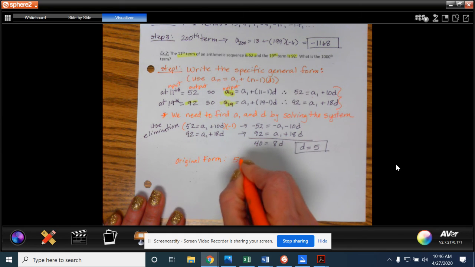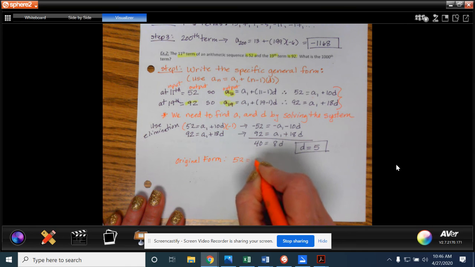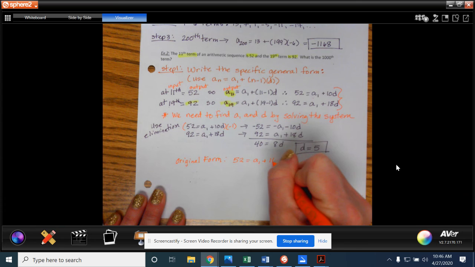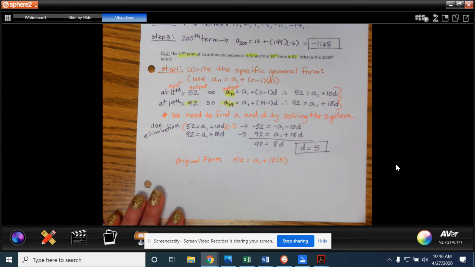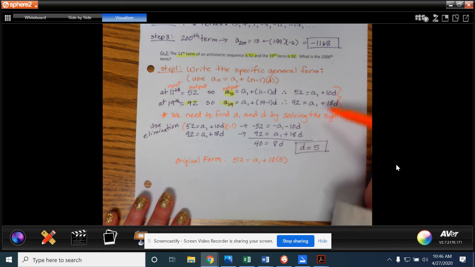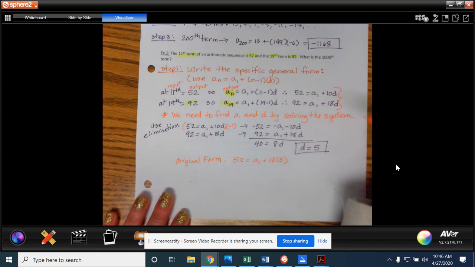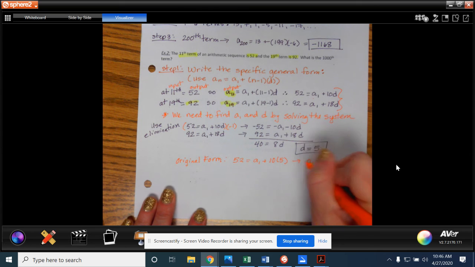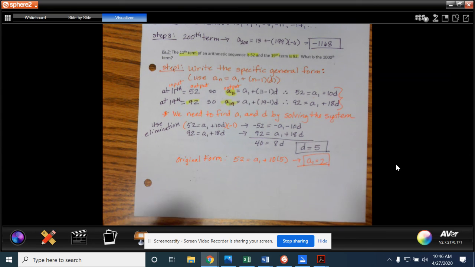So 52 equals a of 1 plus 10 times 5. Remember, when we do elimination, we find one value and I plug it back into one of the two equations to find the other. This one becomes a of 1 equals 2. So now I not only know my d, I know my a of 1.